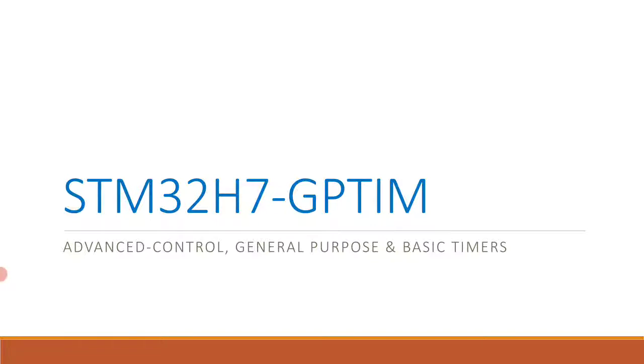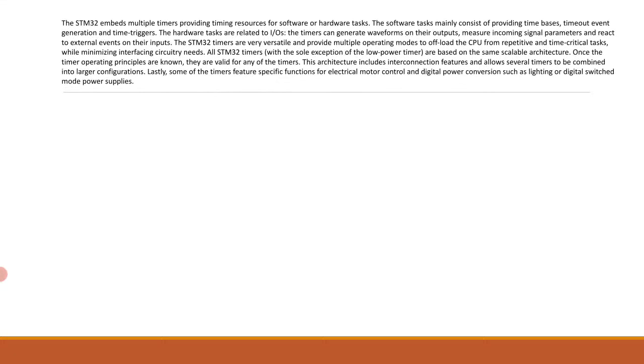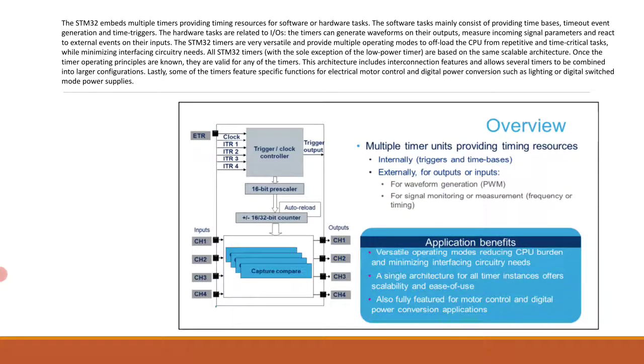Let's quickly move on to the key features or overview. The STM32 embeds multiple timers providing timing resources for software or hardware tasks. The software tasks mainly consist of providing the time basis, timeout events generation and time triggers. The hardware tasks are related to IOs.